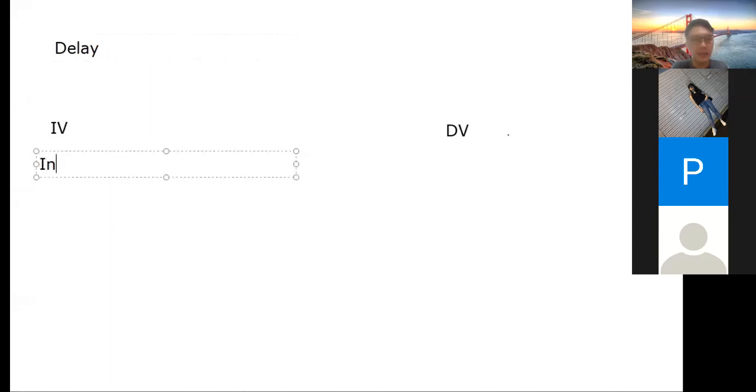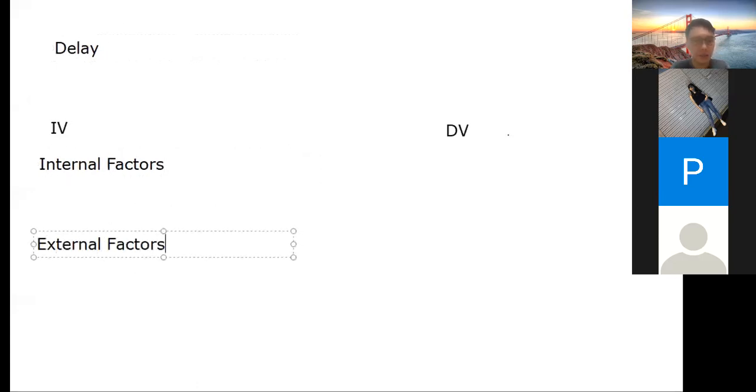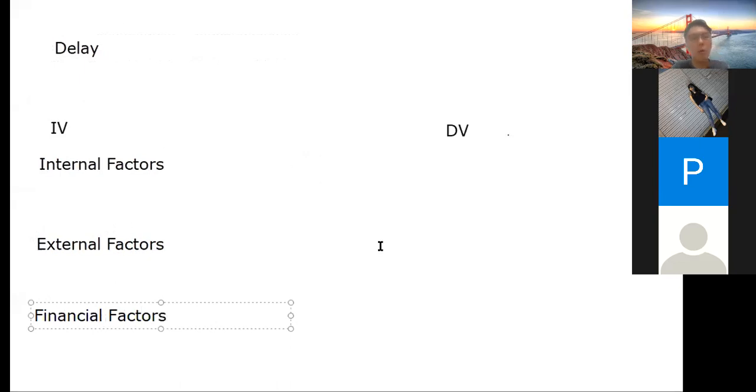Internal factors. External factors. Financial factors. So all these are factors.